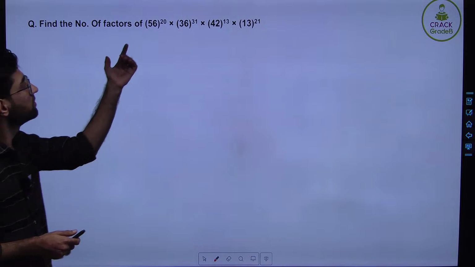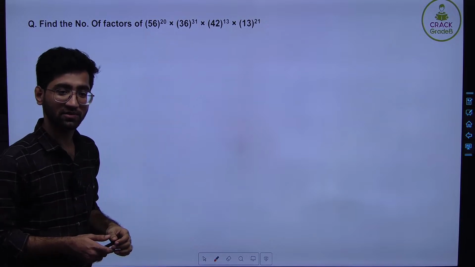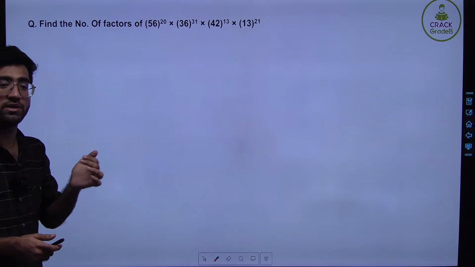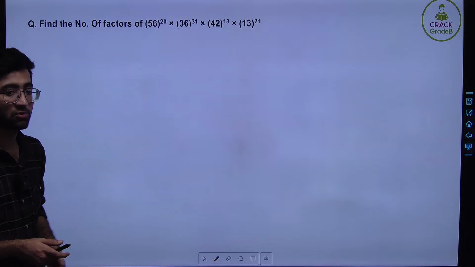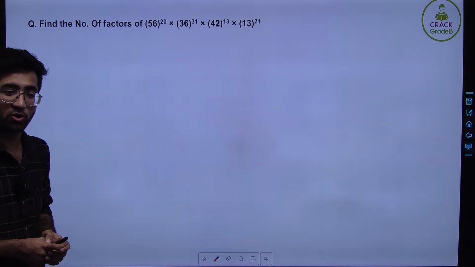You will have to prime factorize 56, 36 and 42, right? Like you will have to write 42 equal to 2 into 3 into 7. Similarly, you will have to write 36, similarly, you will have to write 56.